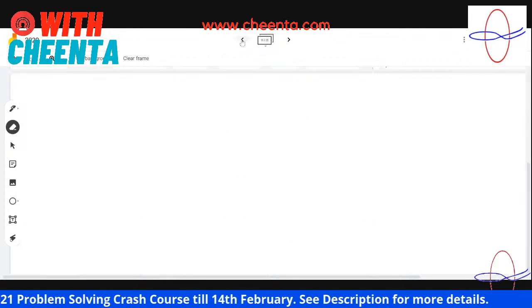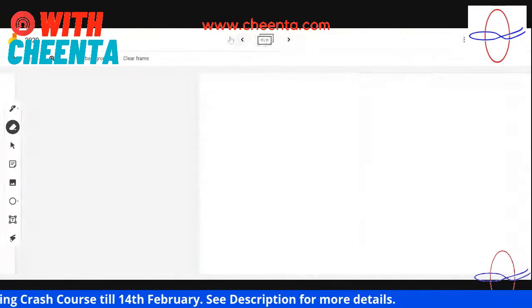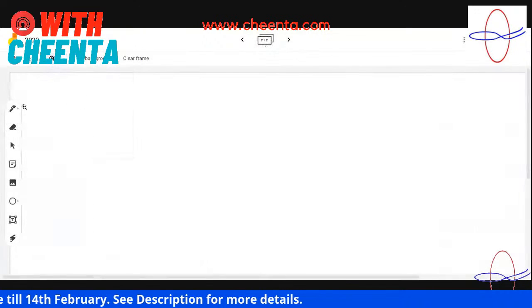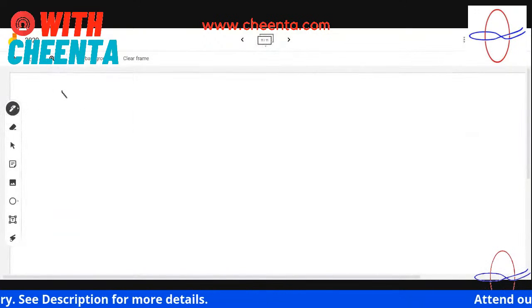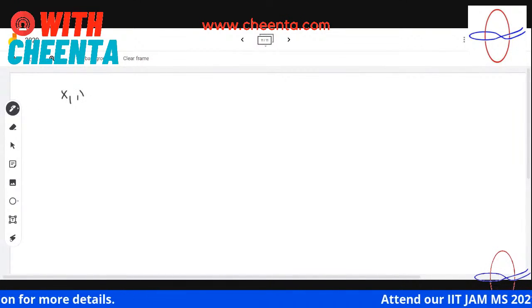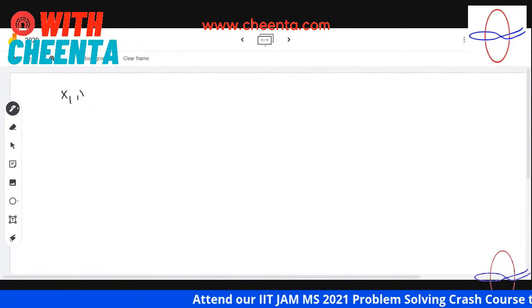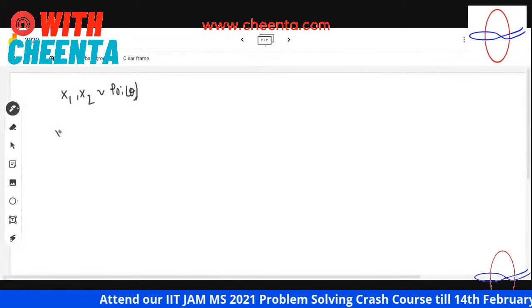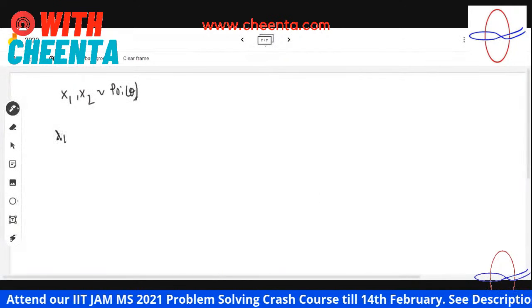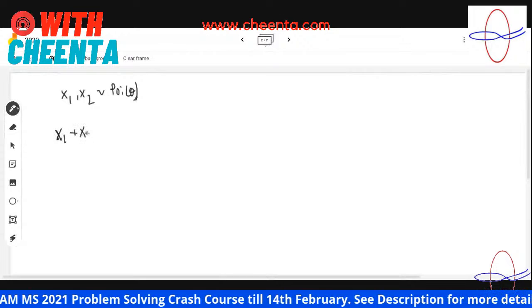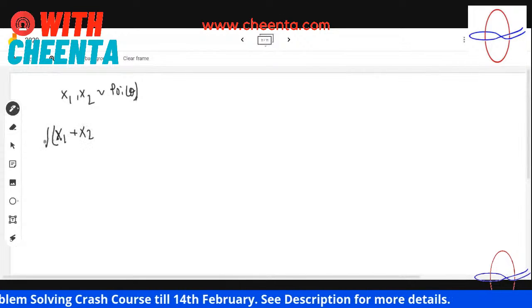It's problem 59. So I hope all of you understood what our aim is. The aim is, with x1, x2 and theta, we need to create a function of x1 plus x2 which follows Poisson theta again.